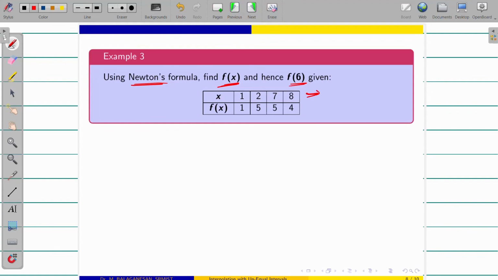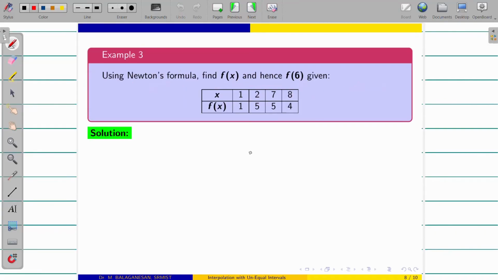Obviously it is not equally spaced, unequal. If it is unequal, will you use Newton's forward interpolation or backward interpolation? No. We have to use Newton's divided difference formula. To confuse you, they are using Newton's formula, so you should take utmost care here.